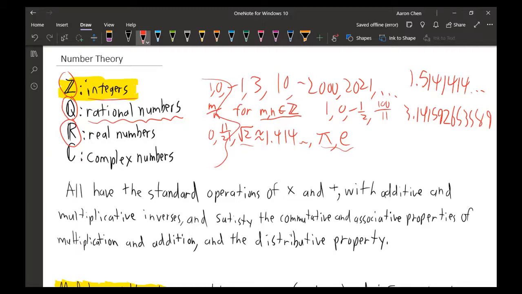For example, root 2 is a root of x squared minus 2, which is a polynomial with integer coefficients. But pi and e cannot be. Other examples of real numbers are the fourth root of 5, or the cube root of 6 plus the seventh root of 8, and so on.